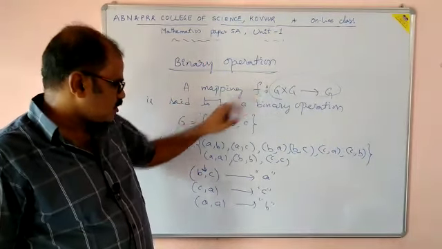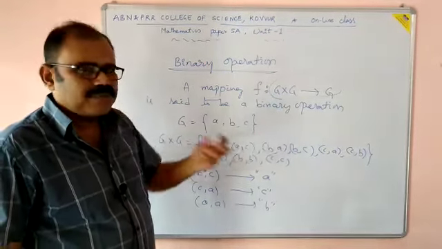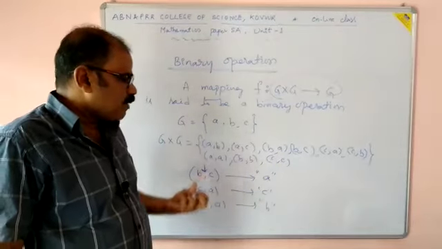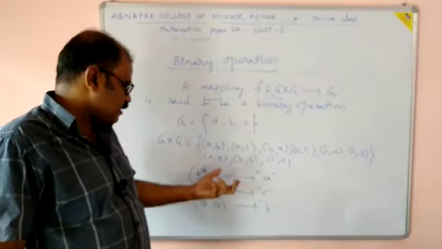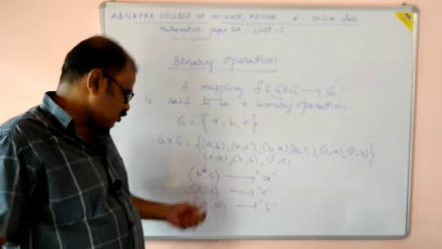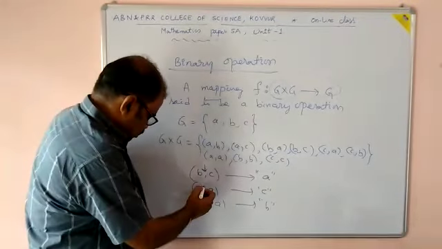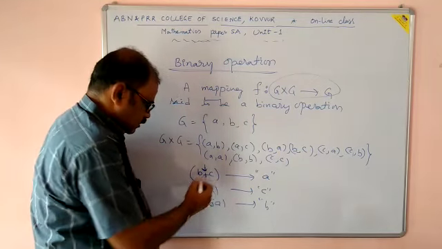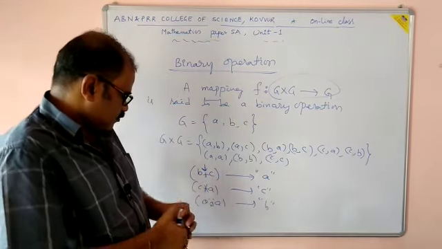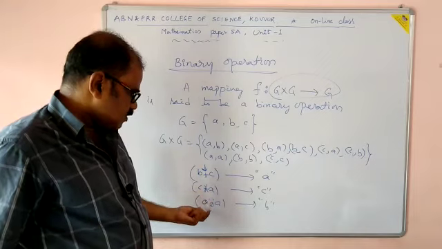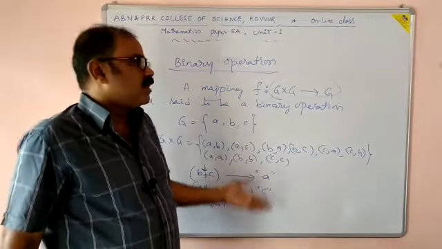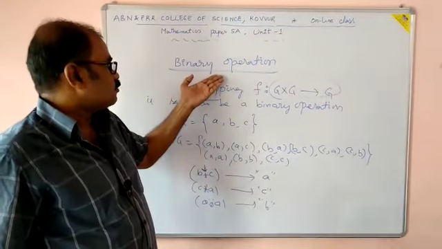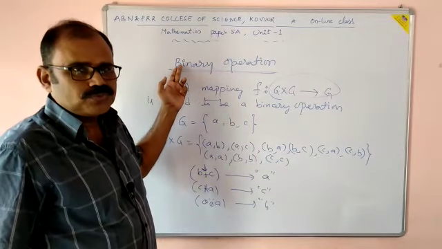That means in G cross G there are all pairs of elements. You pick up any pair and perform an operation between those two elements. This operation may be star or circle or plus. Perform the binary operation between the two elements, you will get a single element. That operation is said to be binary. Bi means two.